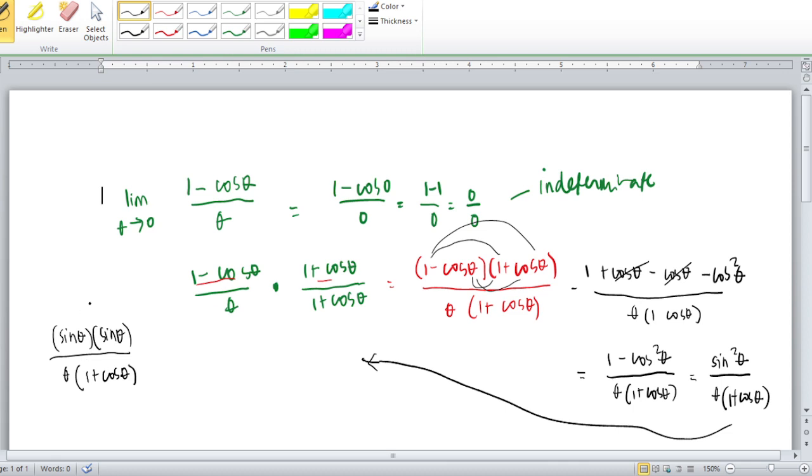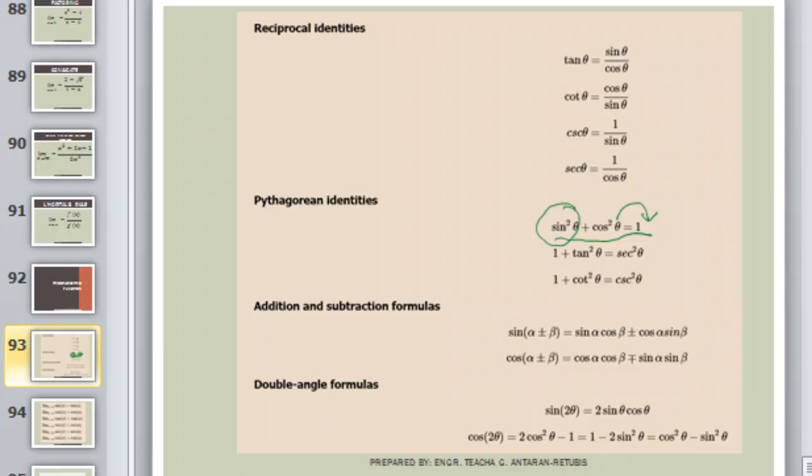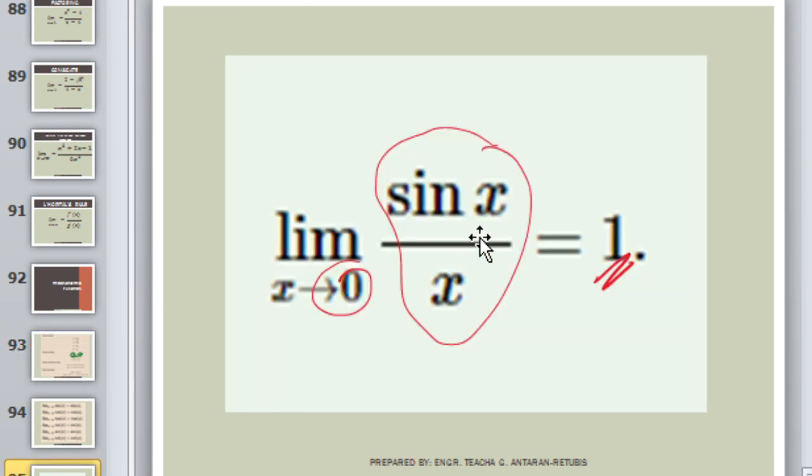But then we have a theorem, right? That if you evaluate the limit and you are approaching 0, and if you found ganitong format kanina, pag ganito yung format niya, automatic 1 siya agad. Di ba? Automatic siya na 1.